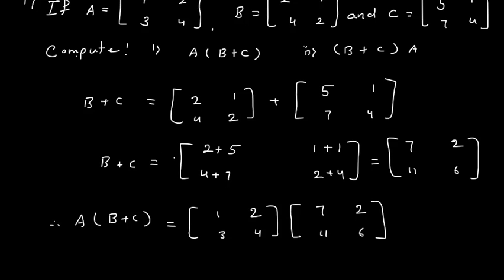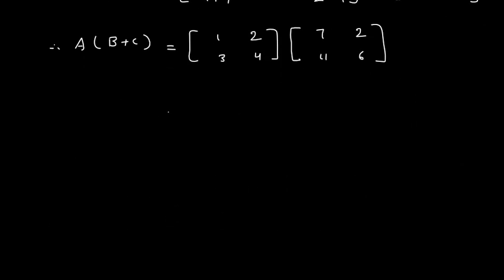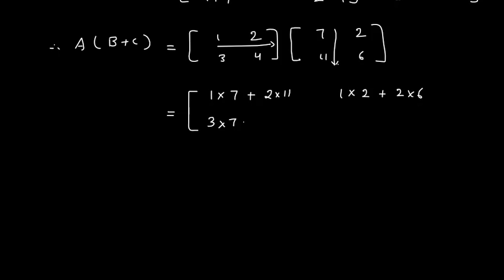So its product is equals to, now this line I will multiply by this line. So it is 1 into 7 plus 2 into 11, and here it is 1 into 2 plus 2 into 6. Now here downside, it is 3 into 7 plus 4 into 11.